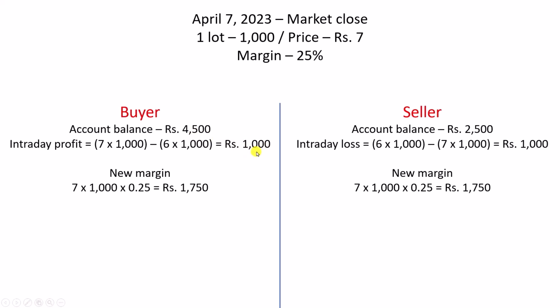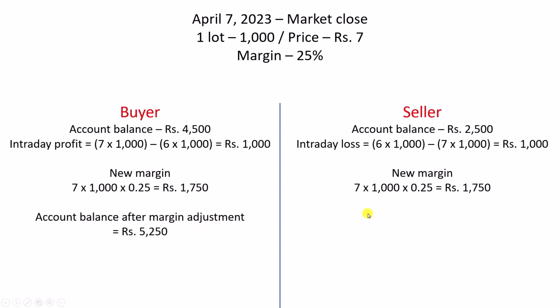From 5,500, he needs to pay how much? 250 rupees. Why 250 rupees? Because previous margin was 1,500 rupees. On April 6th, the margin was 1,500 rupees. Now it is 1,750. So 250 more is needed to maintain this. So 5,500 minus 250 comes to 5,250. So this will be the account balance after margin adjustment.